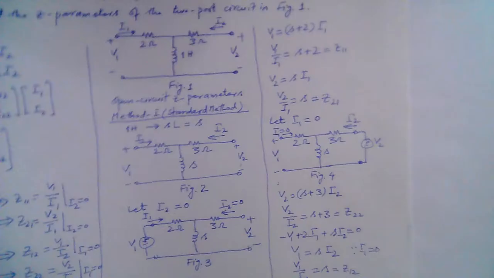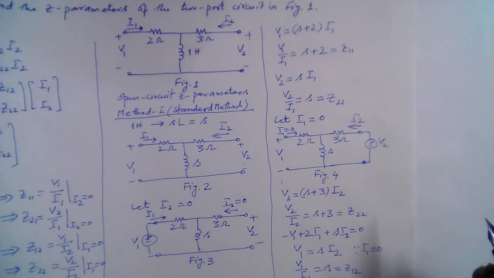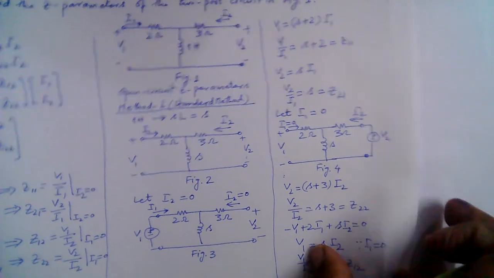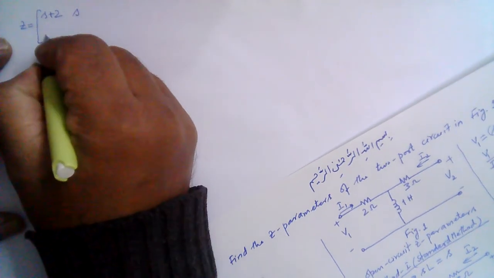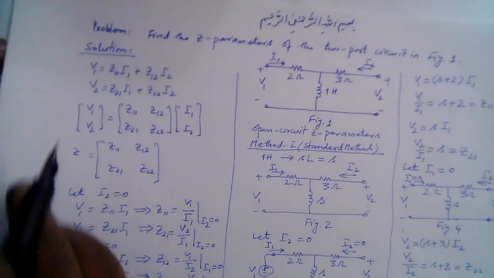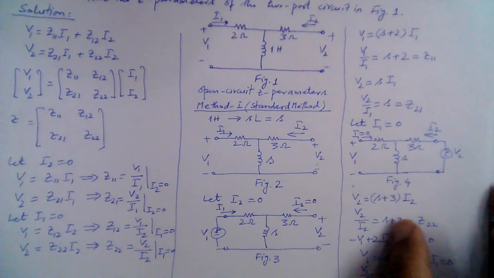Then Z12 is found to be S. Then Z21 is also S, and Z22 is found to be S plus 3.